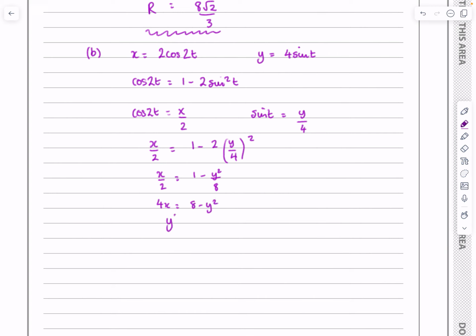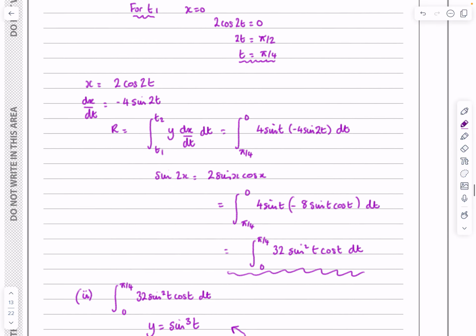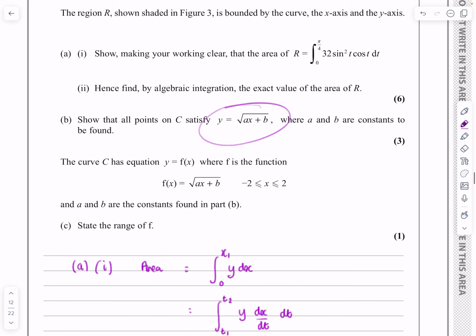So I'm going to get y squared equals 8 minus 4x. So I'm going to get y is equal to the square root of 8 minus 4x. So B, getting it to look like that. Yeah, I've done that and I've worked out what A and B are.